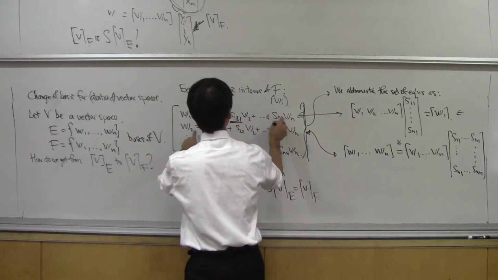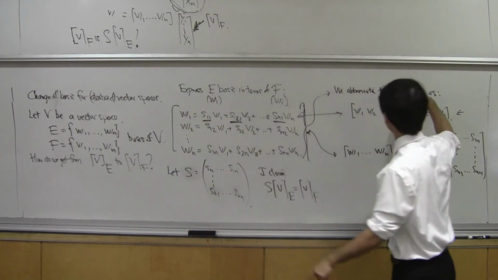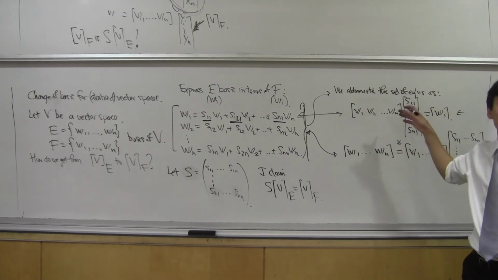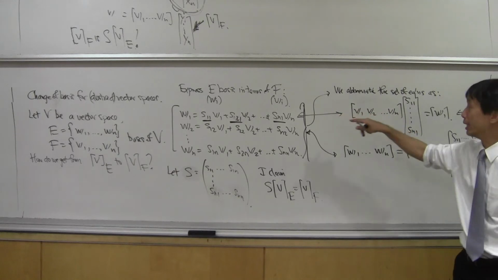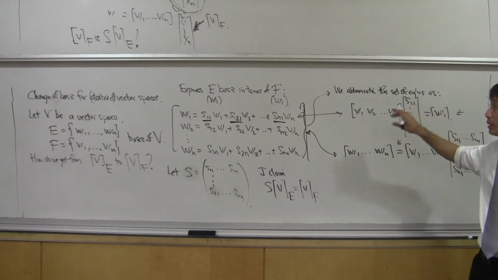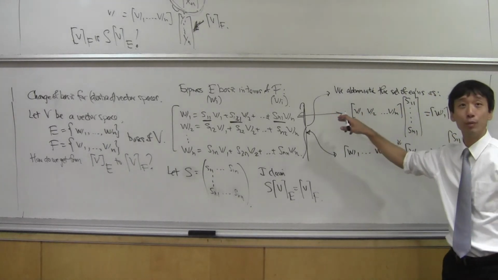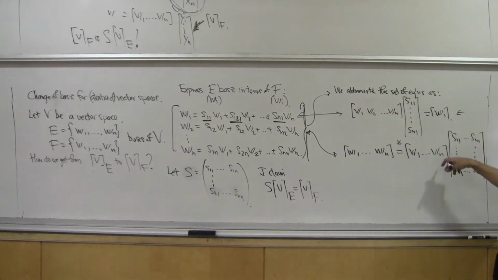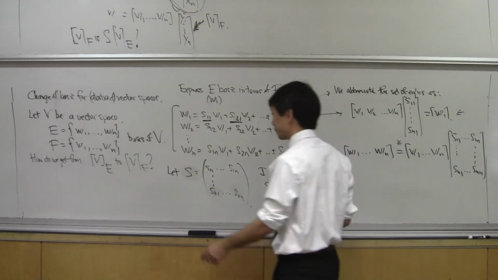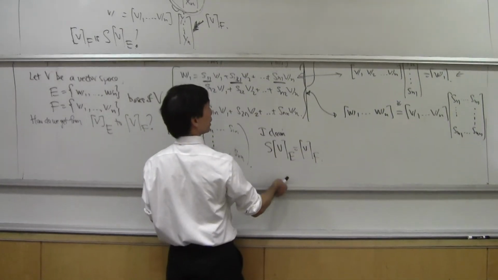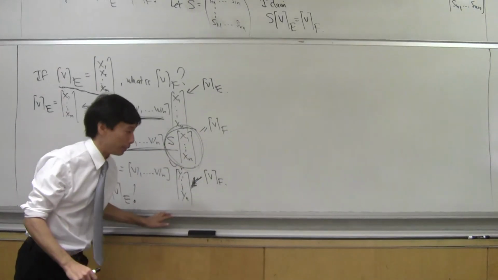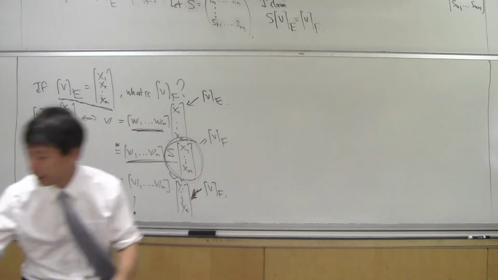These guys turn out to be the first column of my matrix. Oh, okay. So that's the transpose. That's why you transpose that. The coefficients from the first row become the entries of the first column of your transition matrix, and so on and so forth. Okay, let me go on.